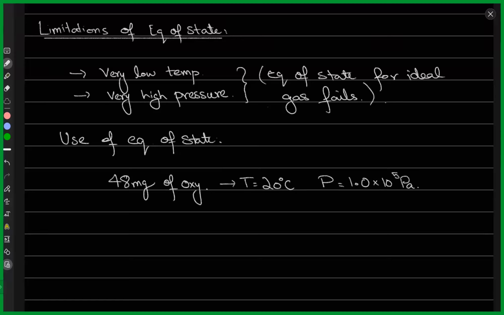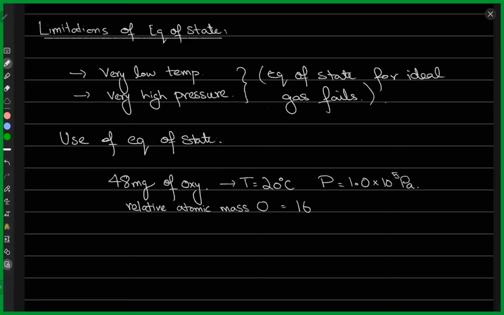Now, of course, you will need something known as the relative atomic mass of oxygen. What is that, by the way? Can anybody tell me from the class? It is the mass number, right? So 16.